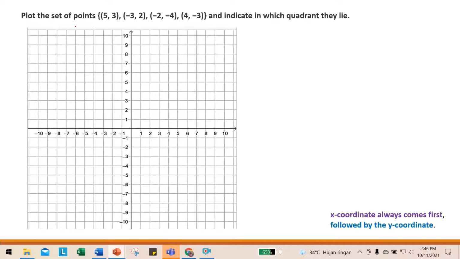Plot the set of points (5, 3), (-3, 2), (-2, -4), (4, -3), and indicate in which quadrant they lie. Remember, the x-coordinate always comes first, followed by the y-coordinate. So (5, 3).